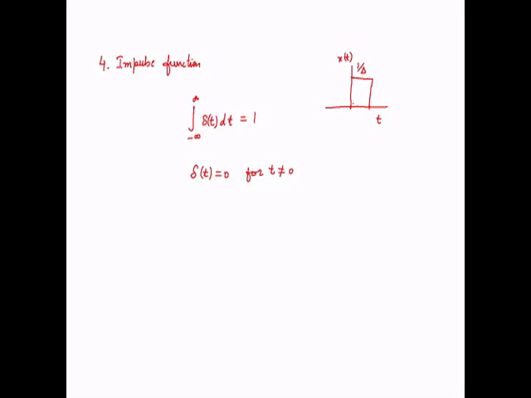We can say the impulse function has 0 amplitude everywhere except at t equal to 0. At t equal to 0, the amplitude is infinity, such that the area under the curve is equivalent to 1. Note that the area under the rectangular pulse is equal to unity.